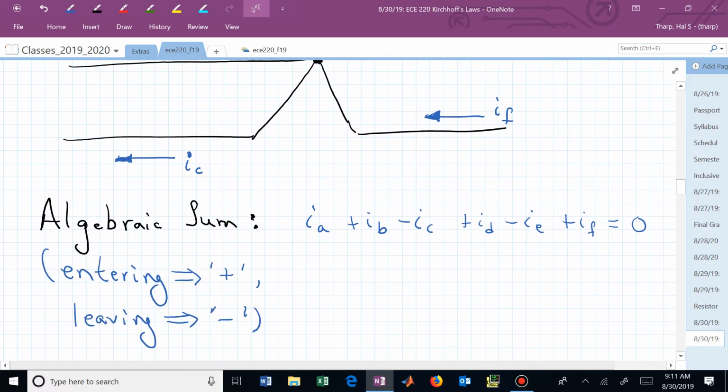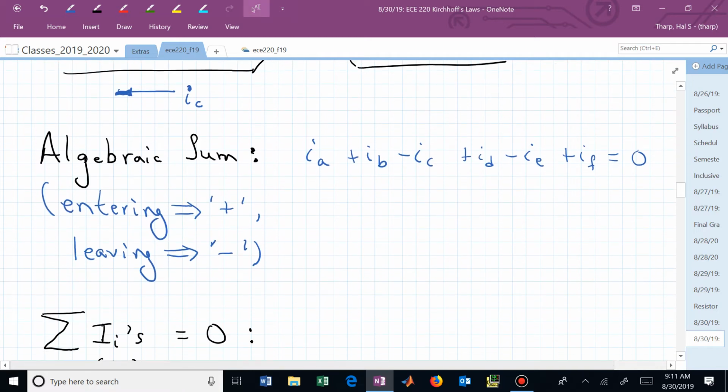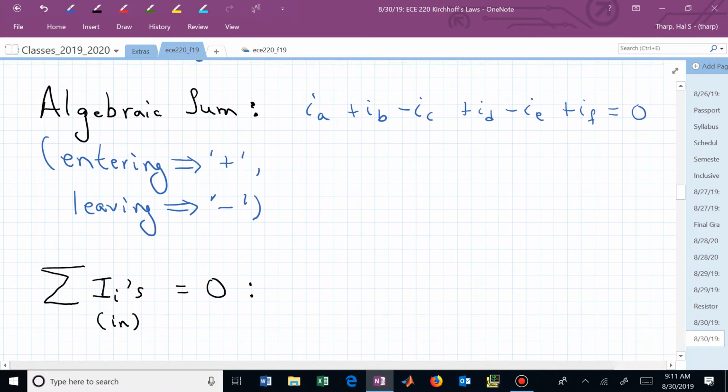What if we did it another way? What if we summed the currents in to the node? The sum of all the currents in equals 0. That's really just what we did. If it's not coming in, we have to give it a minus sign. It hasn't gone anywhere.